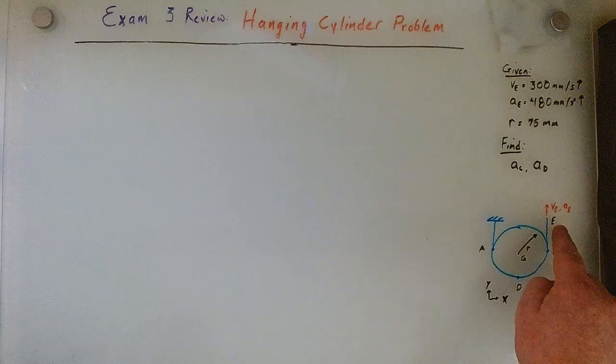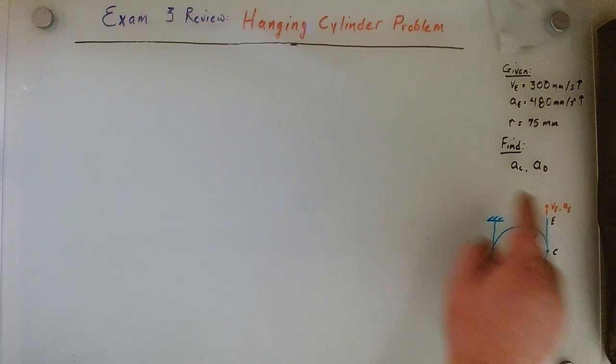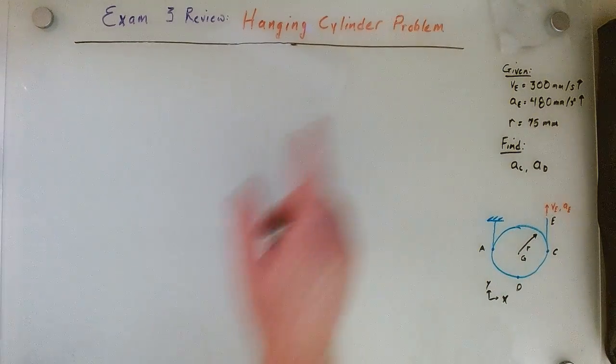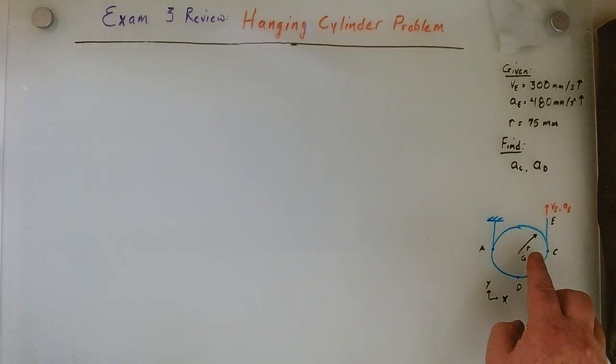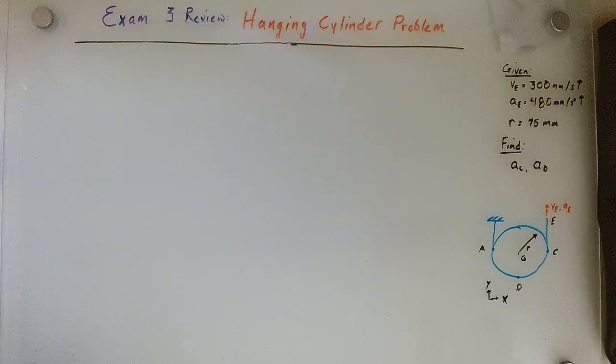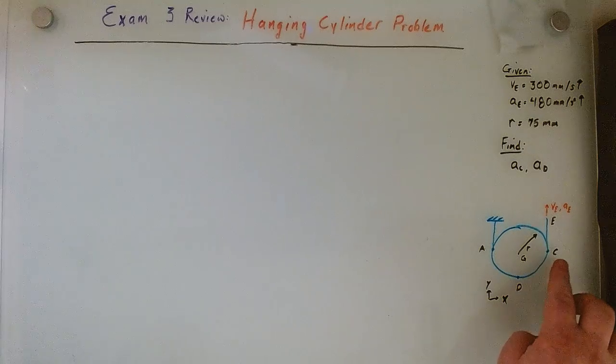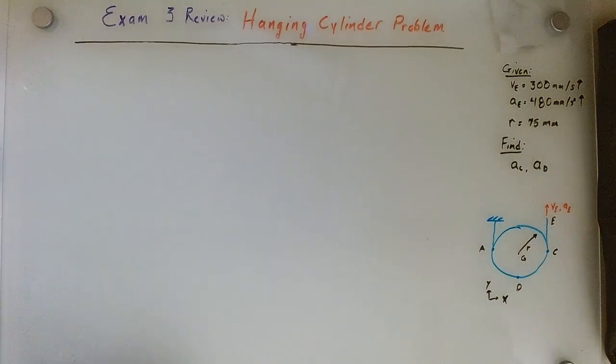The cord at E is moving upward at a velocity of 300 millimeters per second and is accelerating at 480 millimeters per second squared. We're given that the cylinder has radius r, and that radius r is 75 millimeters. In this problem, we are asked to find the accelerations at point C and at point D.